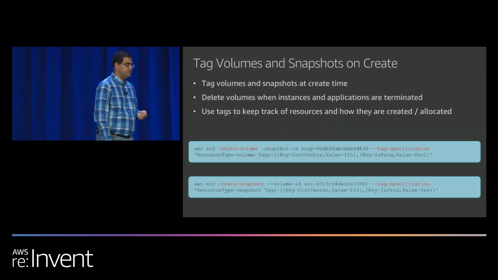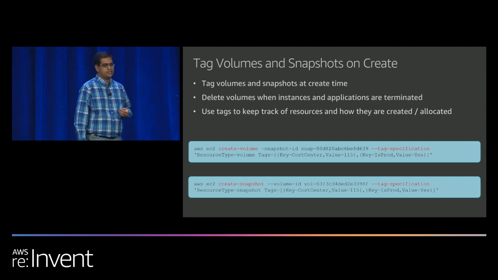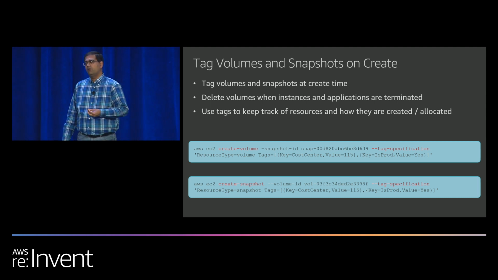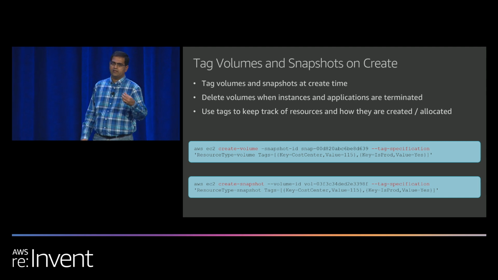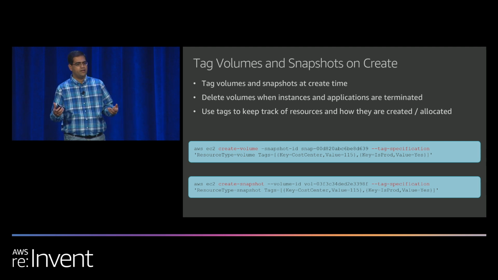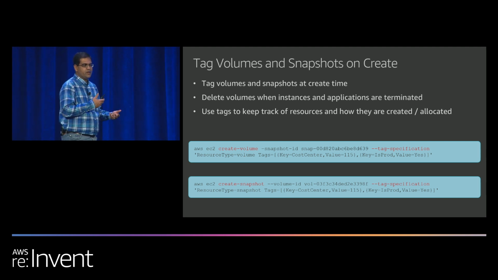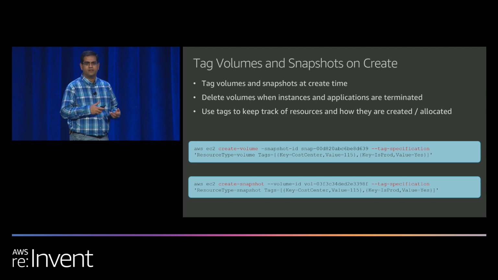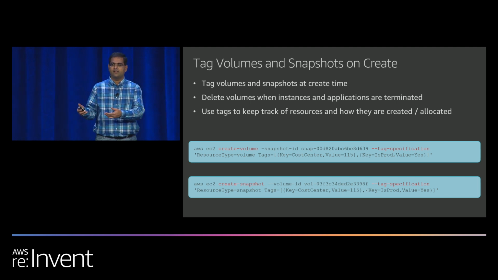A third pattern is tagging volumes and snapshots on create. One of the things that we see is customers create volumes, they spin up volumes, create snapshots. Instances go away, the volumes and the snapshots remain. And then everybody's left asking the question, what was that volume doing? And what was that snapshot connected to?